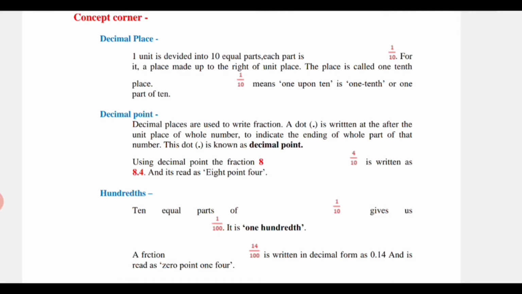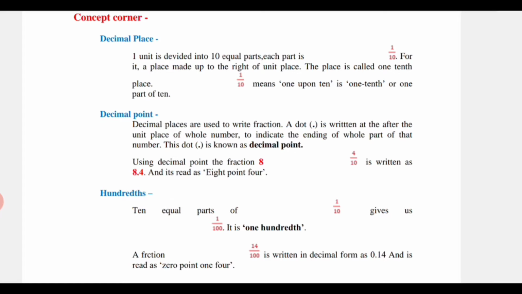Then decimal point. The next topic is decimal point. Decimal places are used to write a fraction, and a dot is written after the unit place of the whole number to indicate the ending of the whole part of that number, and this dot is known as the decimal point.